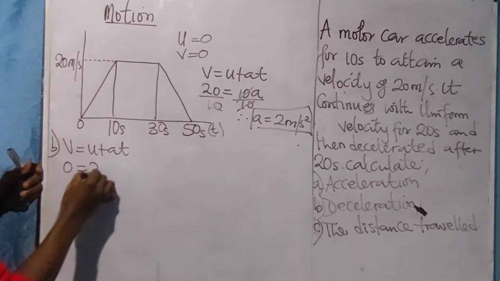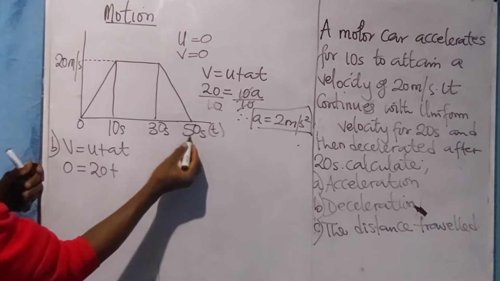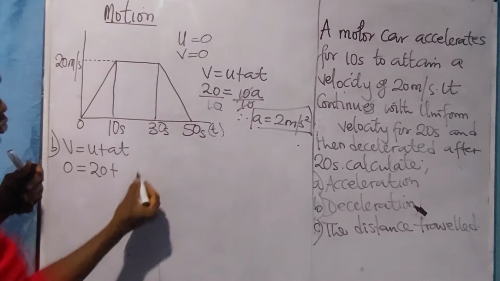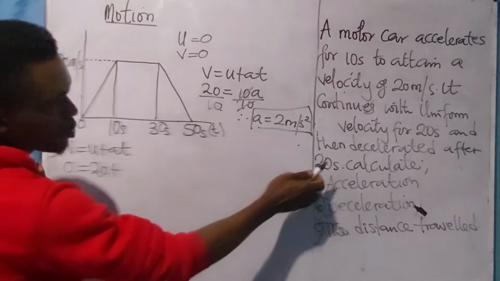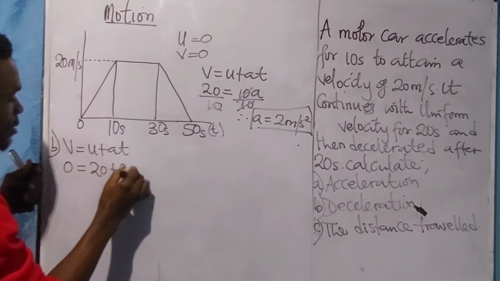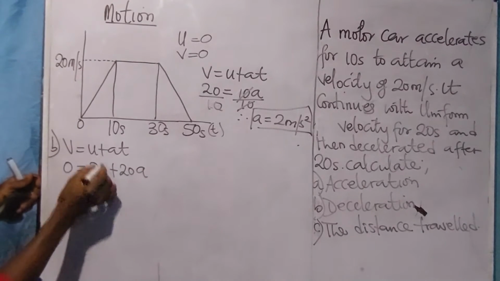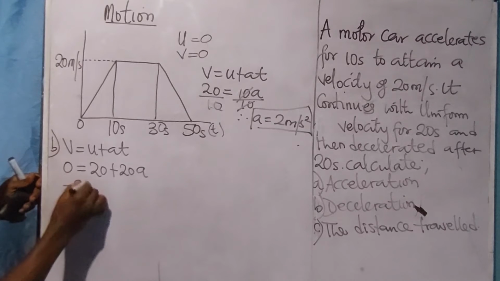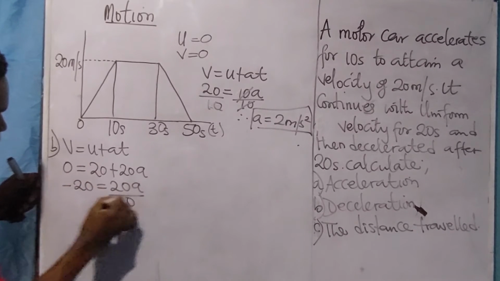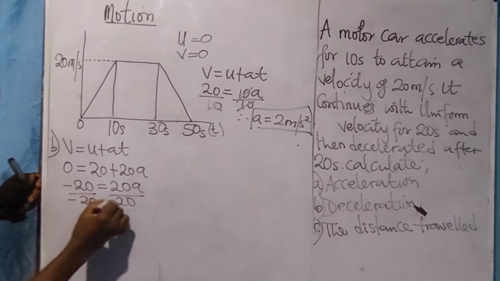Then u will now be 20. In doing that, you have 50 minus 30, which is 20. It decelerated for 20 seconds, so it is 20a. This is coming over, it becomes minus 20 equals 20a. Divide both sides by 20.